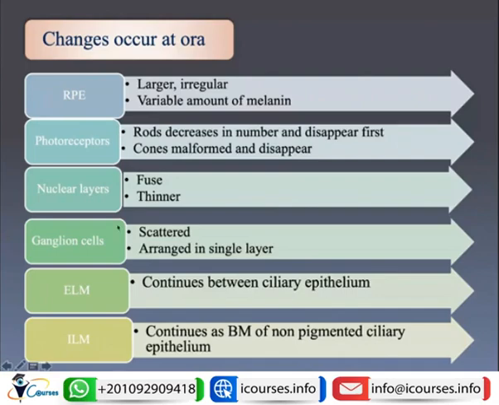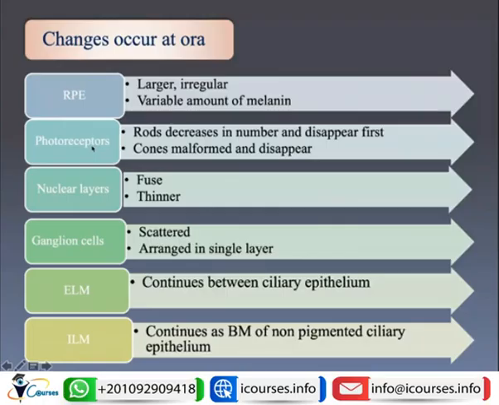So all structures in the neurosensory retina which are important for maintaining sharp vision will start to decline. For example, the retinal pigment epithelium, we don't need it anymore, so it becomes larger and more irregular with a variable amount of melanin.